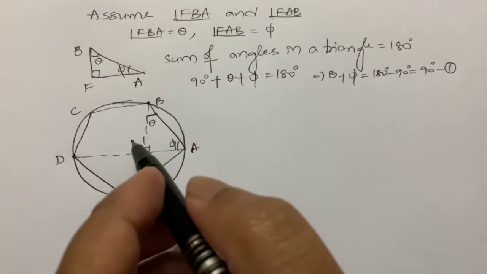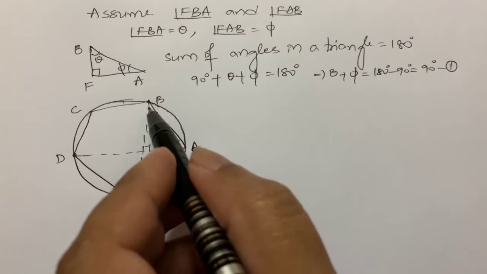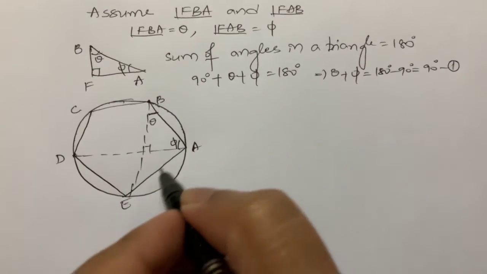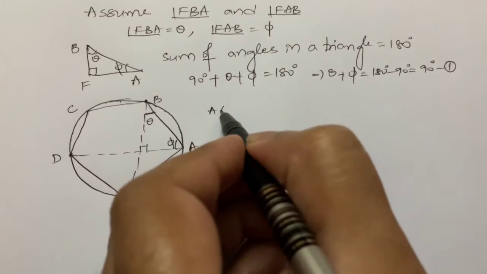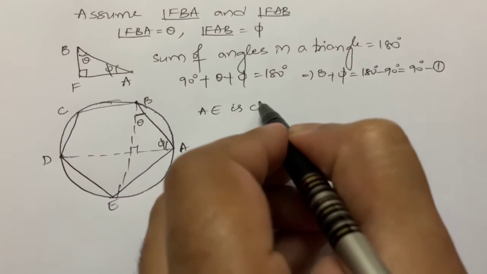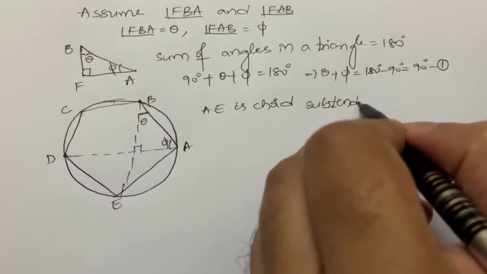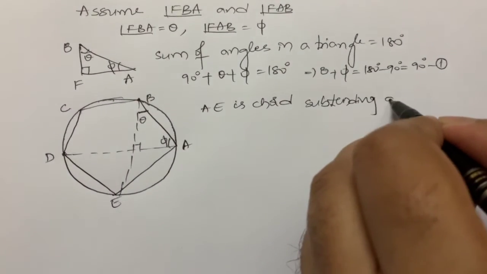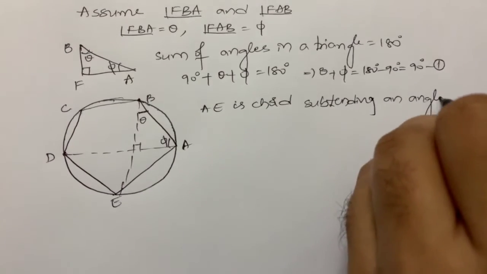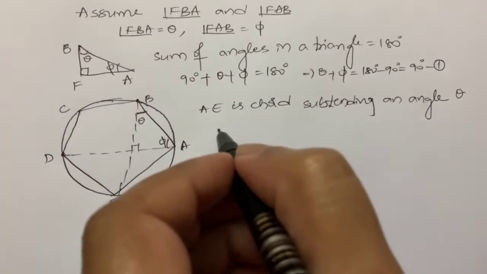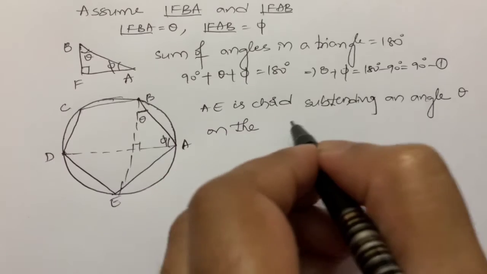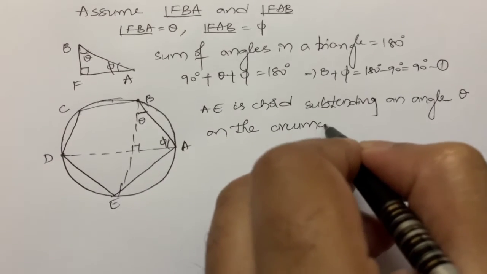If I look at this chord AE, AE is a chord subtending an angle theta on the circumference.